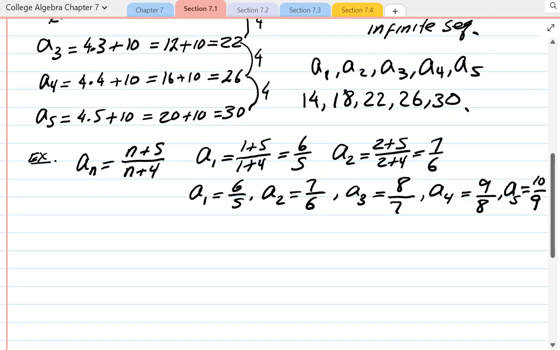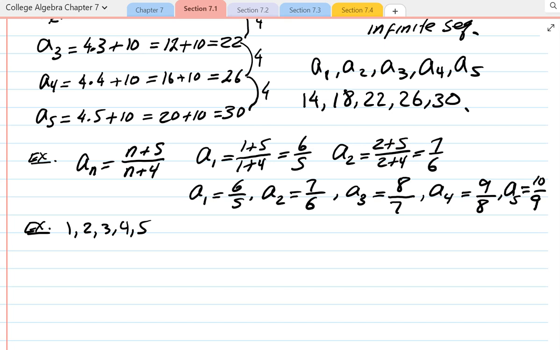Now, let's do another example. Let's say we want to know whether a sequence is finite or infinite. So for instance, let's say I make up this sequence. Suppose I'm looking at the sequence of natural numbers themselves: 1, 2, 3, 4, and 5.